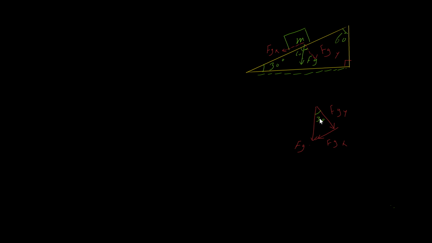Sine of that angle is equal to opposite over hypotenuse. So sine of theta, where our theta here is equal to 30 degrees, is opposite over hypotenuse, right?